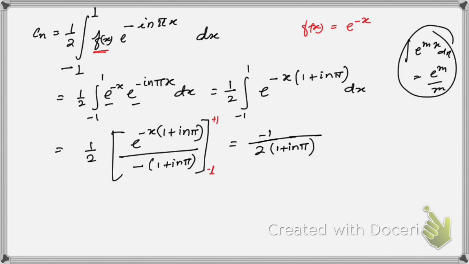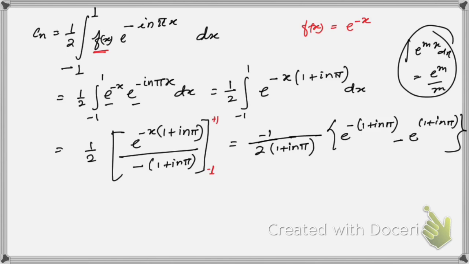And within the bracket we have e to the power minus, on putting plus 1, we're going to get minus 1 into (1 + i n pi), and if you put the lower limit, that is minus 1, then it's going to be plus (1 + i n pi), right? That's what we're going to have, right?